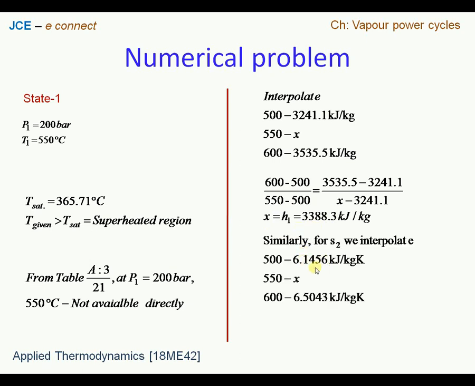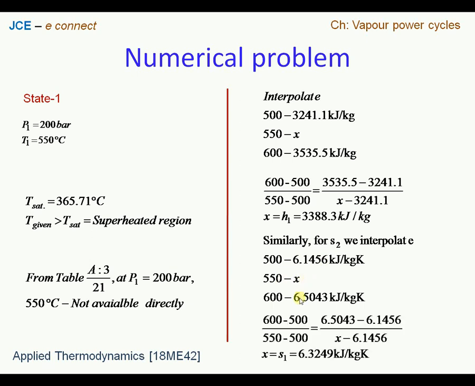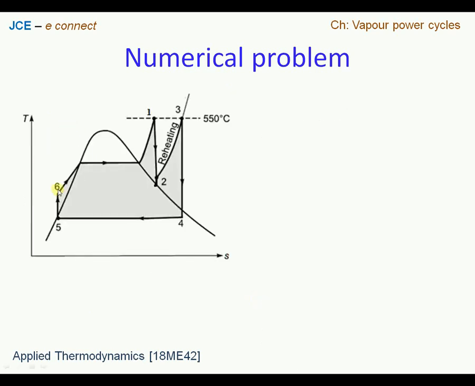For 550 degrees Celsius the data was not available, so we interpolated, and upon solving we arrived at an entropy value at state point 1 of 6.3249 kilojoule per kg Kelvin. With this we are done with the enthalpy and entropy at state point 1. Let us now proceed with state point 2.